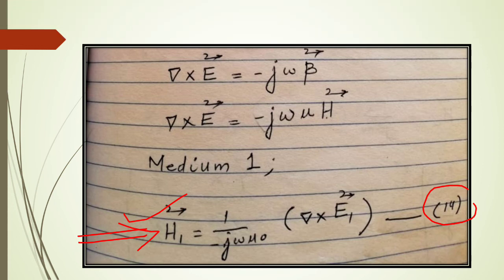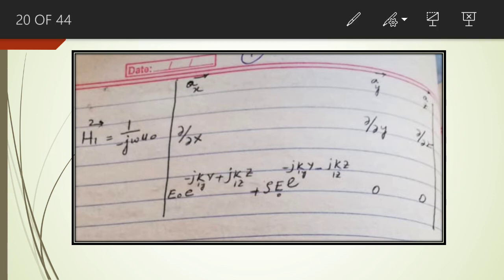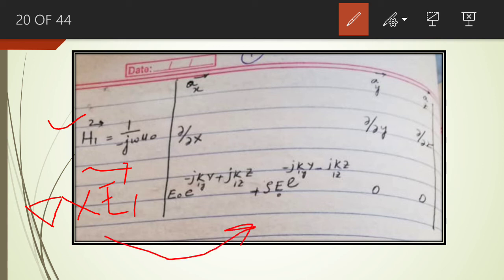So we go to the next slide, and we simplify the right hand side of H1. So H1 is equal to 1 over minus j omega mu naught, and as far as the curl of the electric field intensity E1 is concerned, we calculate the curl of this E1 with the help of this determinant.